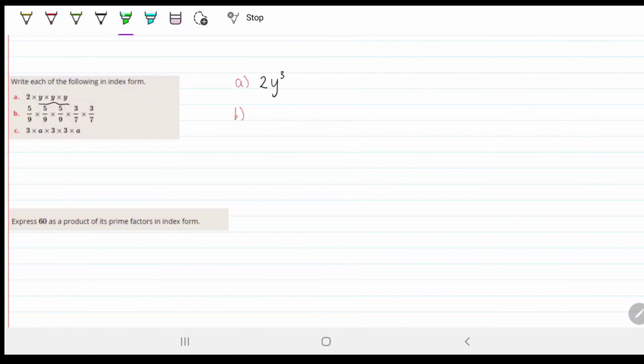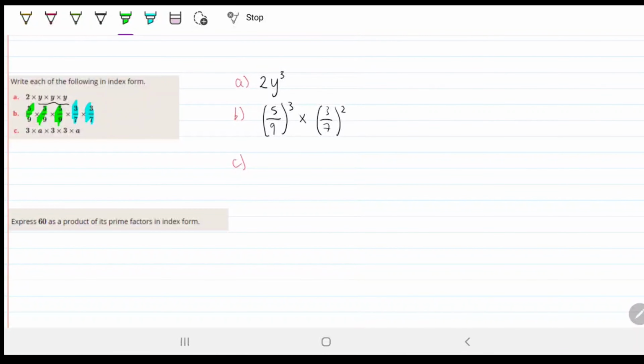We see 1, 2, 3 sets of 5 over 9. So this would then become 5 over 9 to the power of 3 multiplied by 3 over 7, and we see that 2 times. So this would be 3 over 7 to the power of 2.